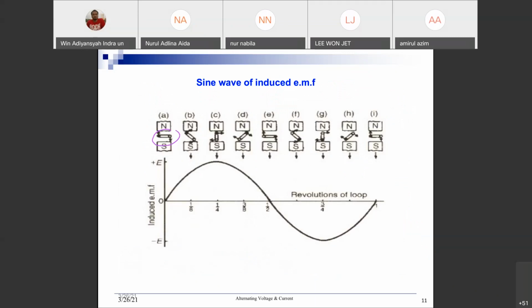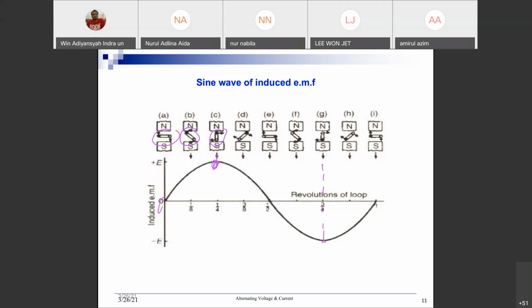If you look at the position there, this is the maximum one. Maximum position here. This is the zero position, this is the zero position, and this is the minimum, this one.